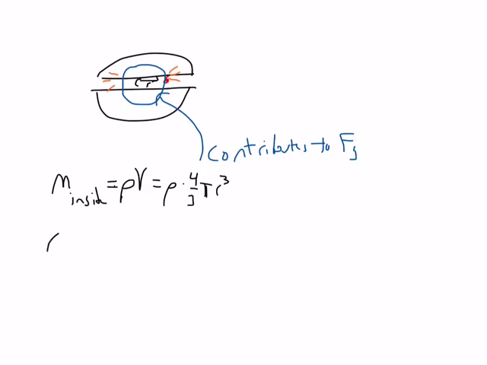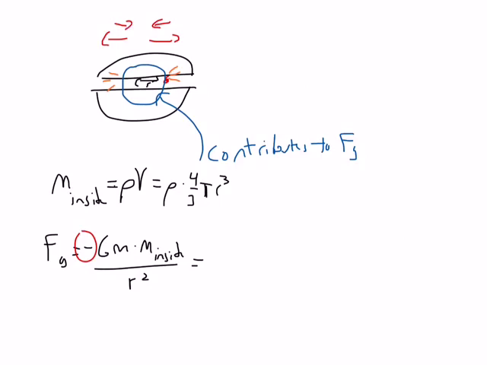And now the gravitational force is negative G times the mass of the ball times the mass inside over r squared, the general gravity. There's a reason I put that negative there: if our radius is in the positive direction, the force is in the negative, and if our radius is in the negative direction, the force is in the positive. So the negative is there to flip that direction around.